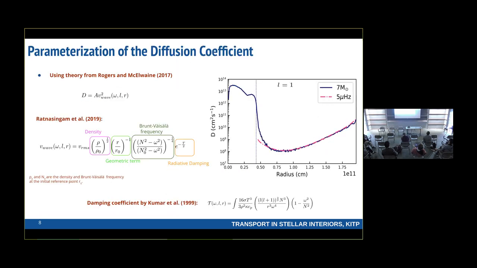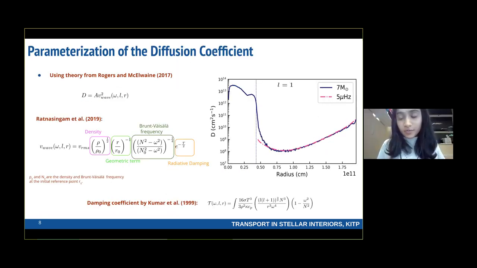So here, the previous studies by Rogers and McElwain found that the diffusion coefficient varies as the square of the wave amplitude, as the wave amplitude is correlated over a longer time, whereas the root mean square velocity is not. Since diffusion is related to the time correlation, we would expect the diffusion coefficient to vary with wave amplitude. Okay, thank you.